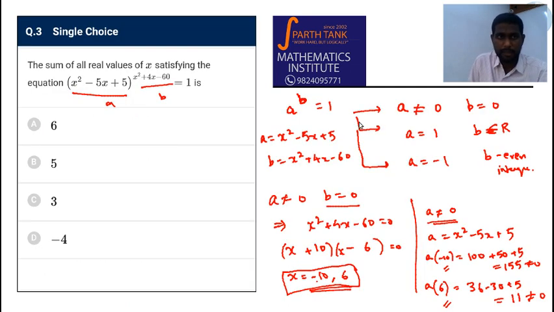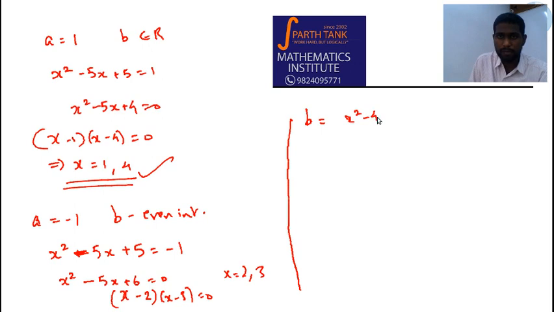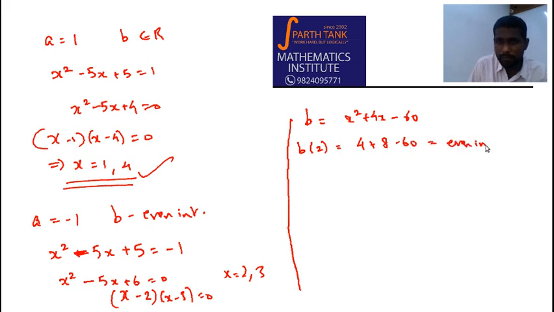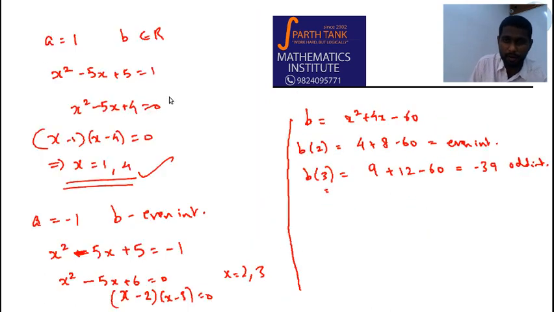B we know is x squared plus 4x minus 60. Now b for 2 will give me 4 plus 8 minus 60, which is an even integer. B at 3 is going to give me 9 plus 12 minus 60, which is minus 39, an odd integer. So x equals 3 will result in b becoming odd. So this is not allowed. x equals 2 is allowed. So x equals 2 is the only valid thing.